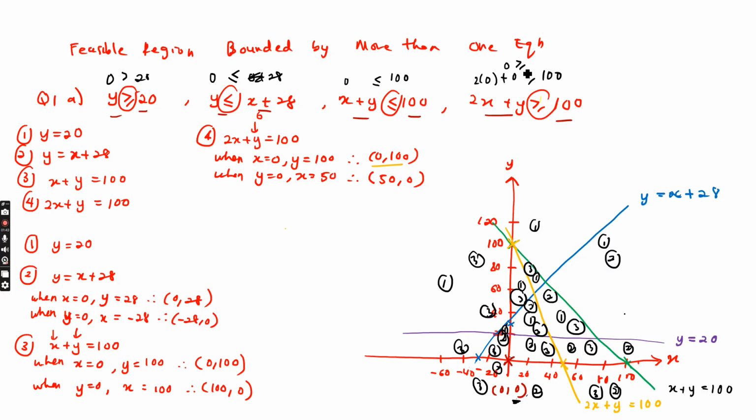So 0 greater than 100, false, right? Since this is false, you must shade the area that does not have coordinate 0, 0. So it's not this one, it's this part to the right. So we label with 4, 4, 4.